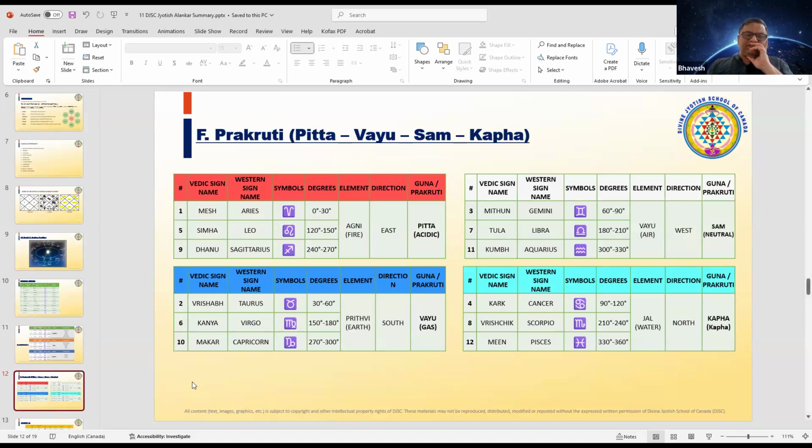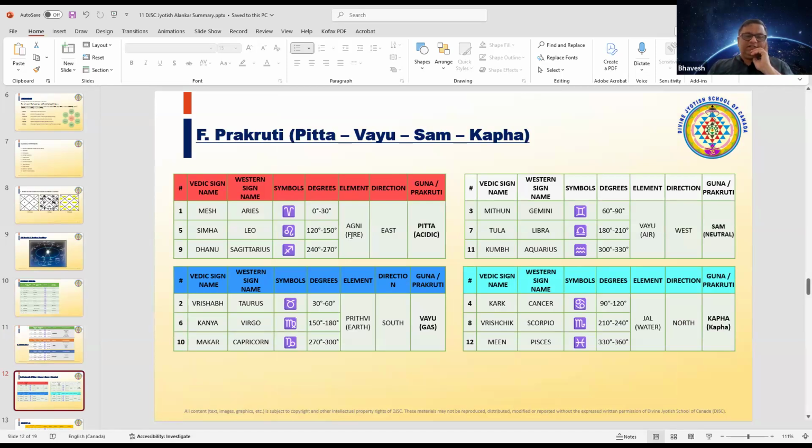Then comes the additional stuff, the elements and the direction, as well as the Prakriti. So apart from one categorization, we saw about mutable, fixed, and cardinal.